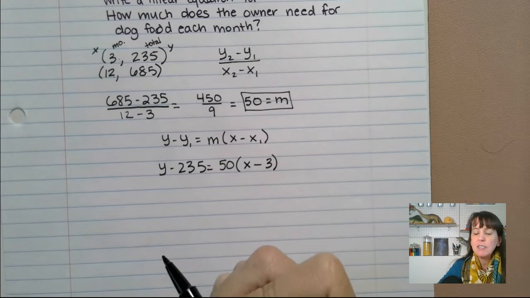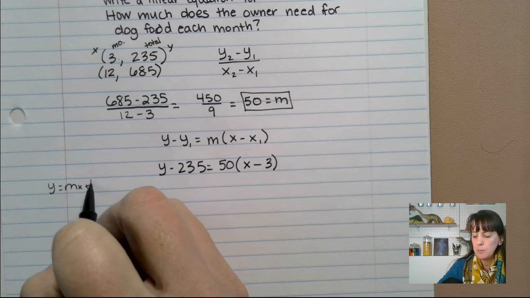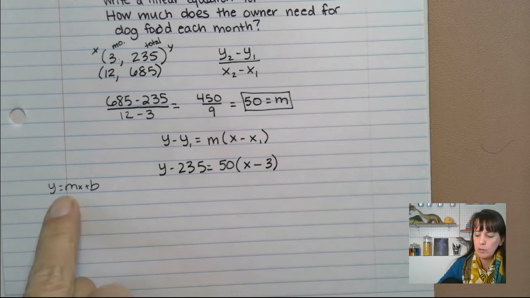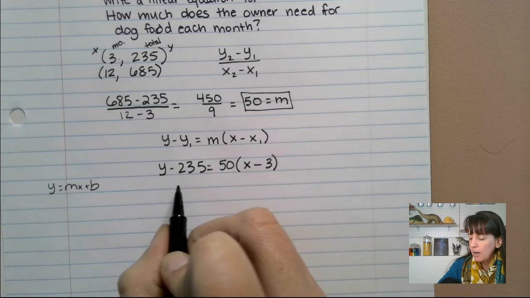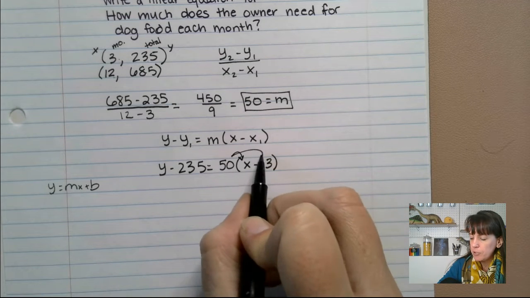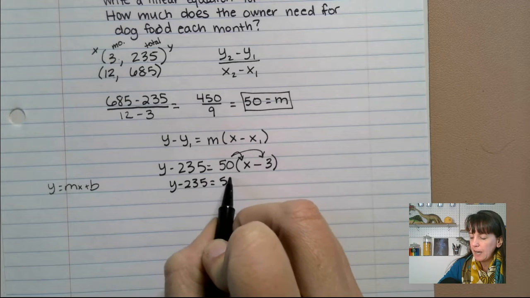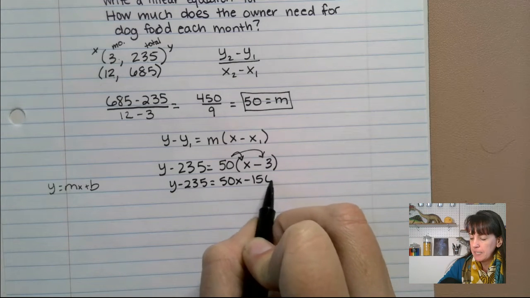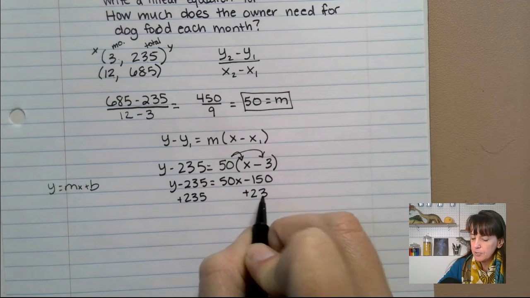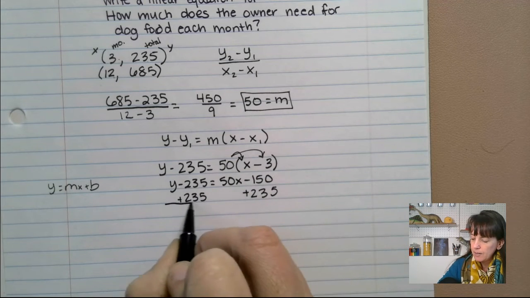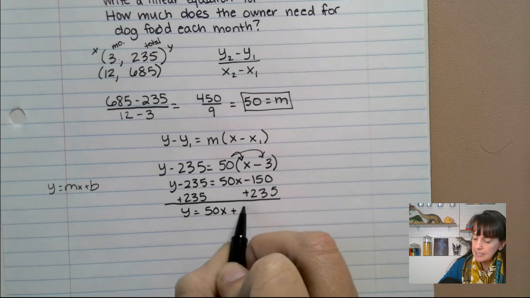All right, let's put this into slope intercept form, which again is y equals mx plus b, because when we get it in that form, we will know our rate and we will know our starting amount. So we've got to distribute first in order to do that. So we get y minus 235 equals 50x minus 150. Add 235 to both sides. We get y equals 50x plus 85.